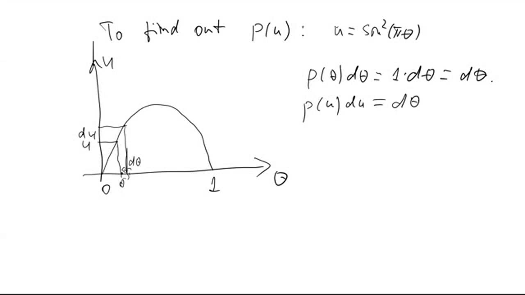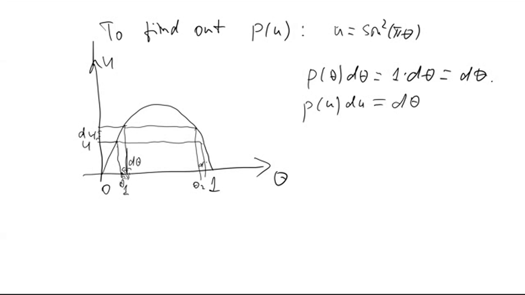The only point to mention here is that U in this range occurs when theta is in this domain, and also when theta is in this domain. Let's say this is theta 1, and this is theta 2.